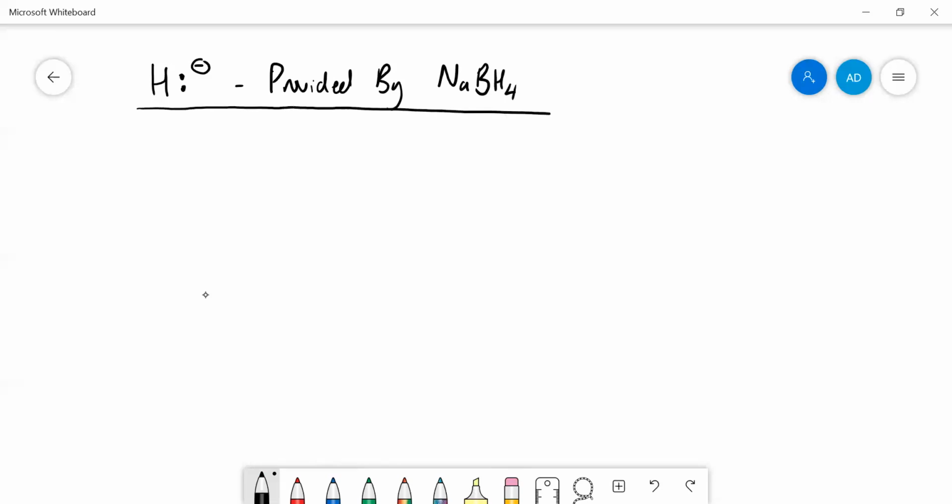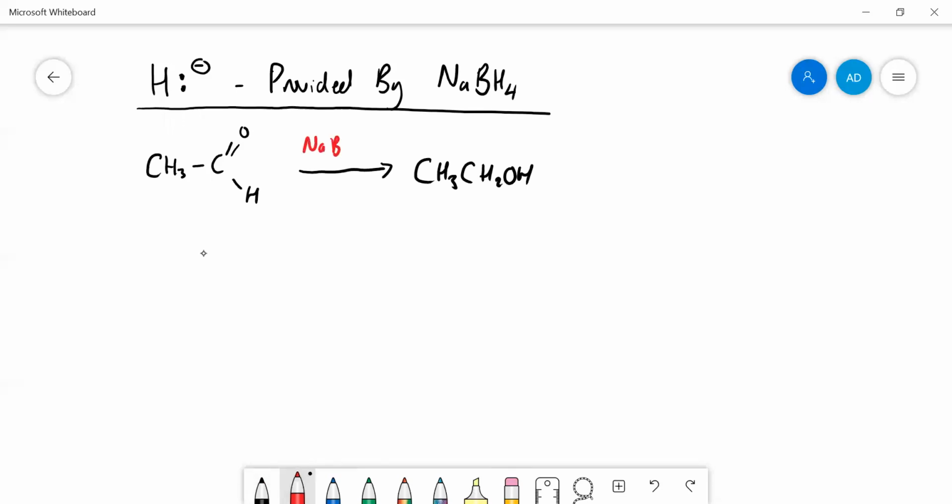So if you wanted to write down not the mechanism, but just the reagents and conditions, you'd have CH3 aldehyde going to the primary alcohol, and the reagent you would need is sodium borohydride in ethanol. Right, that's got to be in ethanol, not in water, because hydride ion is such a good reducing agent. It will reduce the hydrogens in water to hydrogen gas, so it's got to be in ethanol.